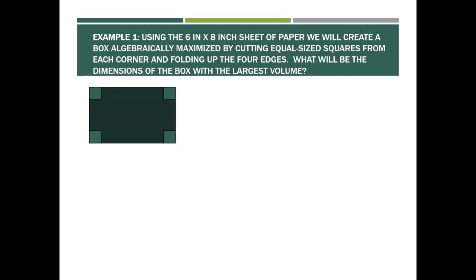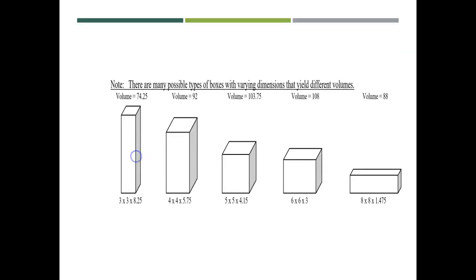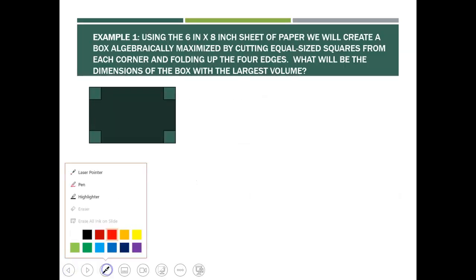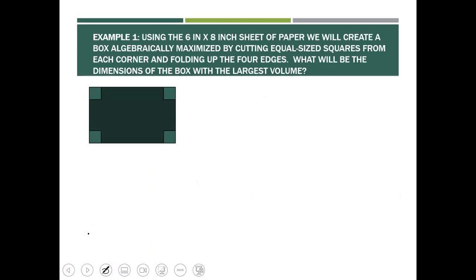So what we want to do is draw a rectangular sheet of paper that is 6 by 8. And then what you're doing is cutting out corners from each of those.